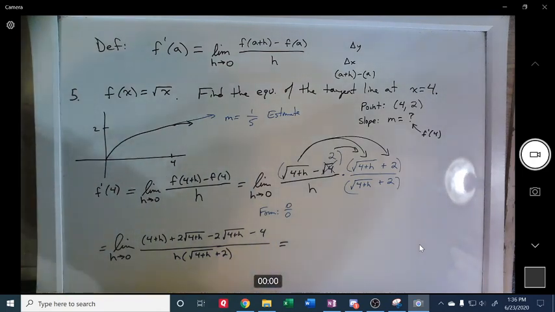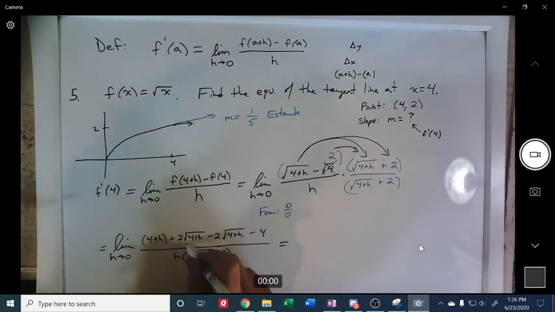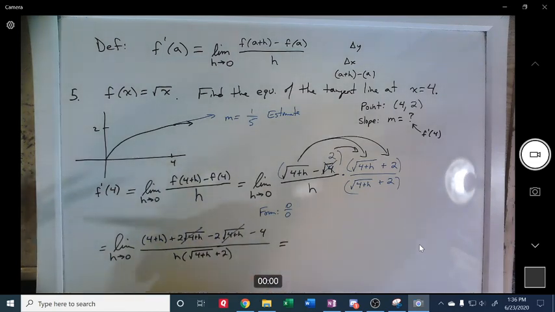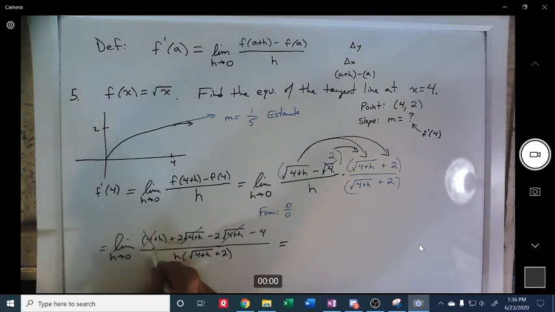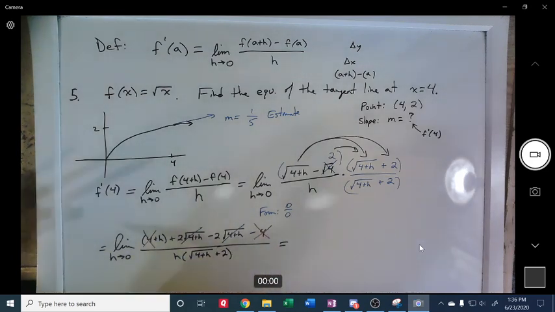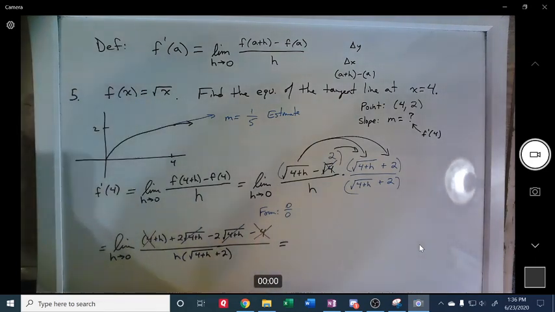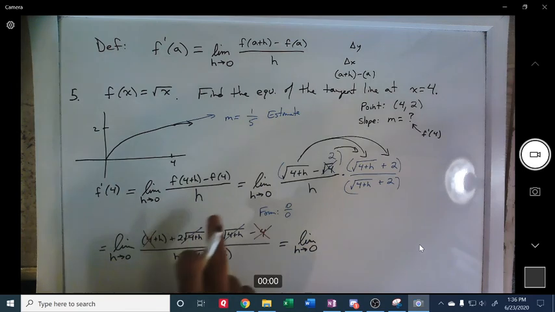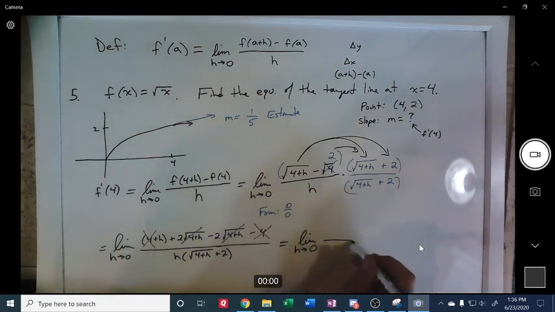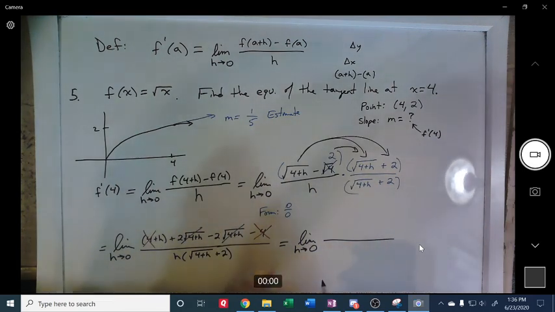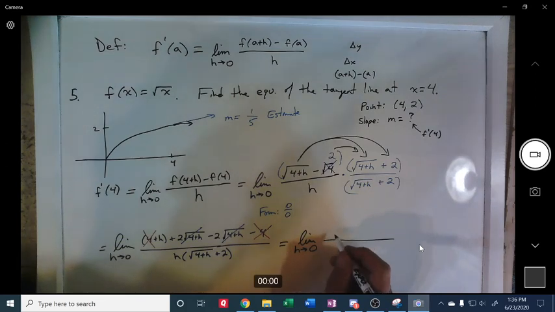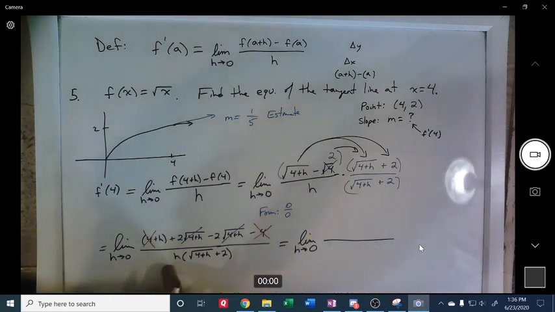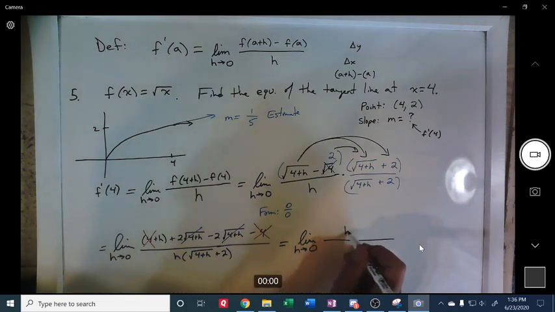Okay, now I notice these two kill each other off, and also this and this kill each other off. So if you are struggling with these kind of ones with the square roots, you're going to get more practice at this kind of stuff. And all I'm left with in the numerator is h.